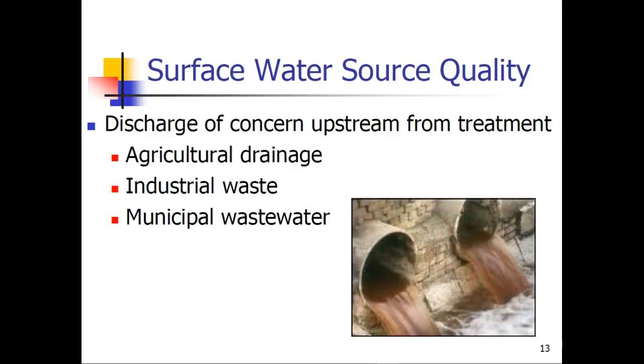So, quality. We certainly are really concerned about what's upstream from our treatment plant and our source. It could be agricultural drainage, industrial waste, municipal wastewater. For years and years in the 20th century, they were basically burying vehicles when they died.